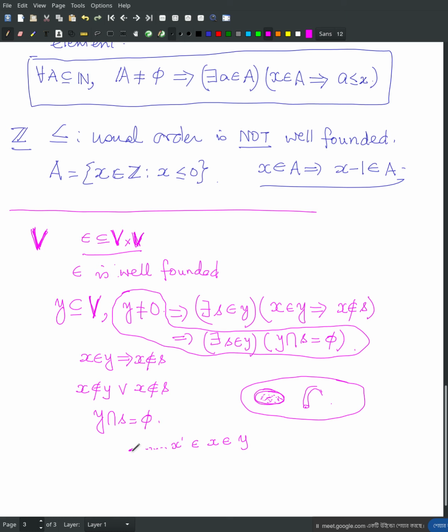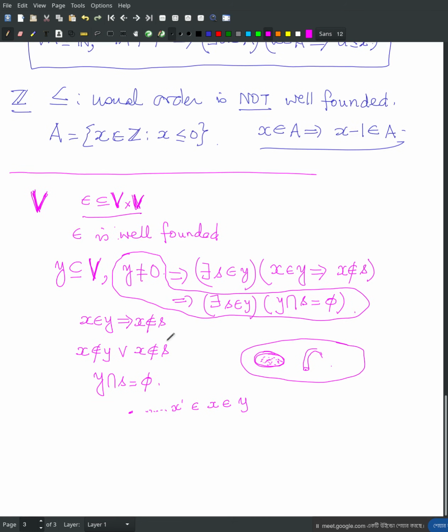So essentially what regularity is giving us is a kind of an atomic structure of the universe. Why? It says that the universe springs from empty, then you take its power set, then you take its... So we will see at the end of this course that this V is obtained like this. Let me go to another page.